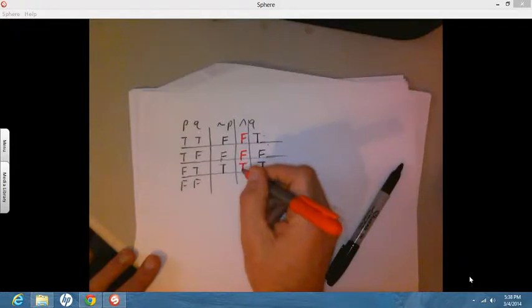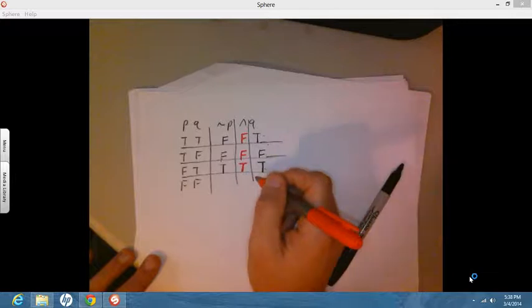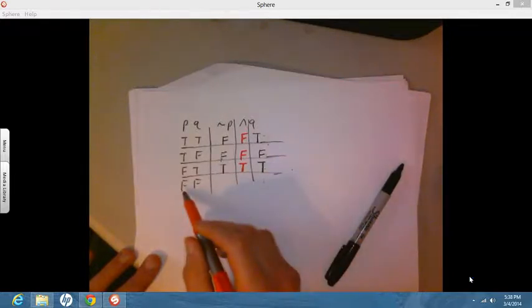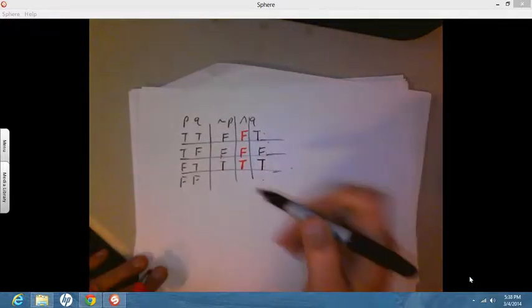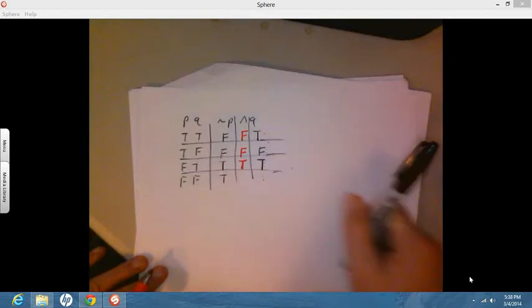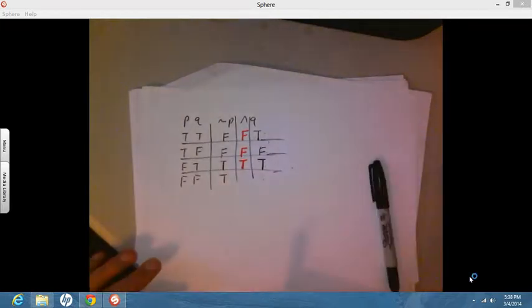Now let's look at the last case. In the last case, P is false. If P is false, not P is going to be true. And since Q is false and we're not doing anything to Q, Q is going to stay false.